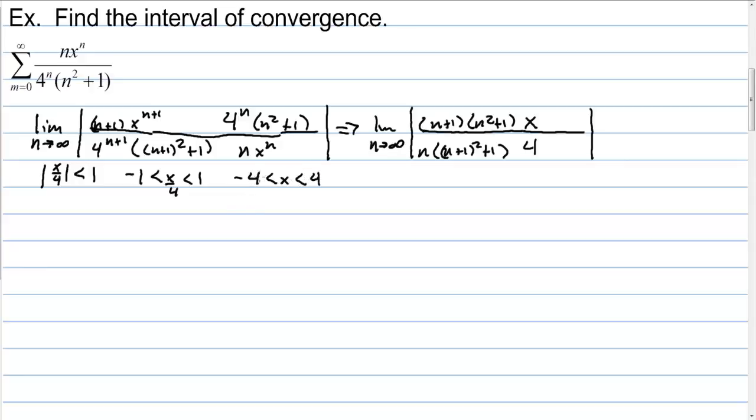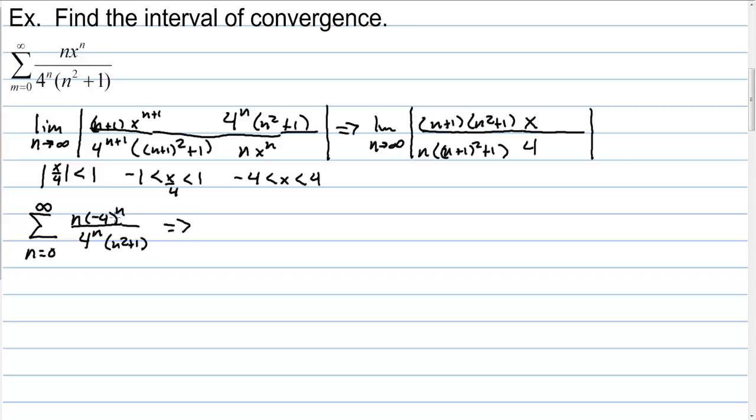Now certainly in between negative 4 and 4, the series is going to converge, but we need to check the endpoints. And it's like we're doing two brand new problems. Let's take the series, and we're going to plug negative 4 in for x. We have the sum from n equals 0 to infinity of n times negative 4 to the n over 4 to the n, times n squared plus 1.